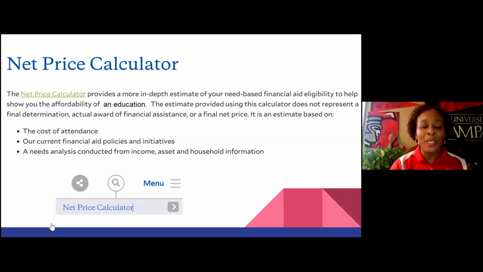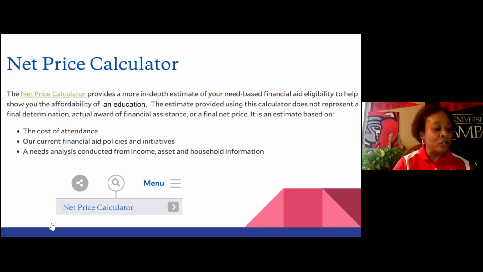But you want to be careful because the calculator is only as good as the user, okay? So you want to input accurate numbers. Remember that it is just an estimate and the actual cost might end up being higher or lower than the estimate provided by the net price calculator.